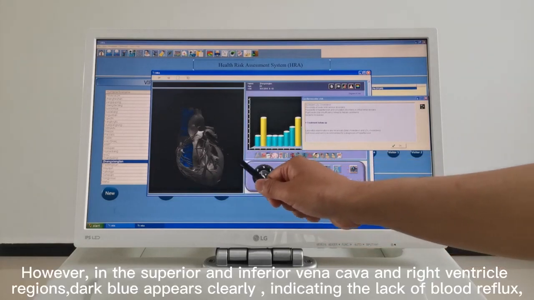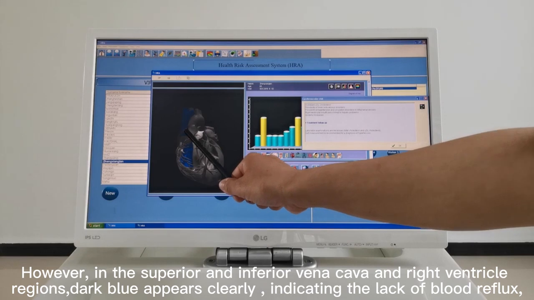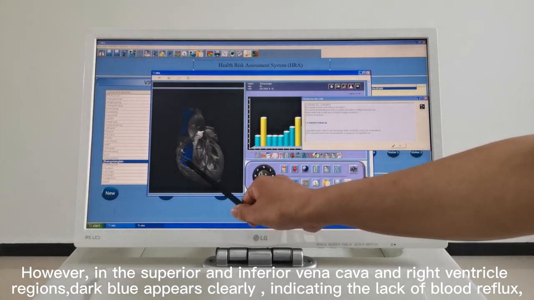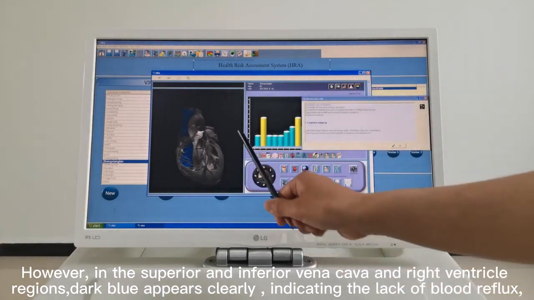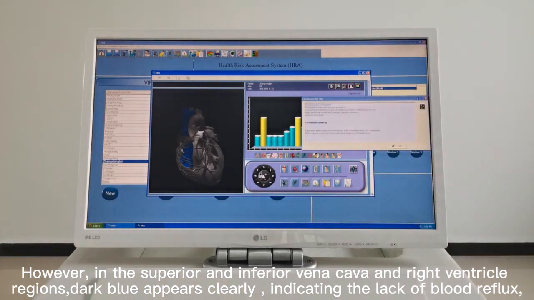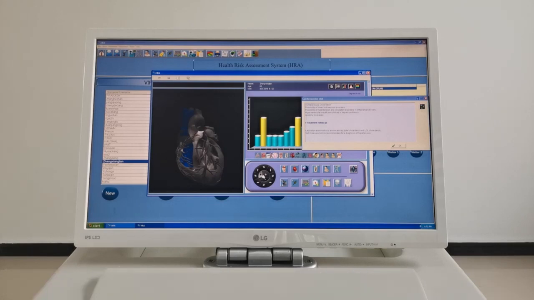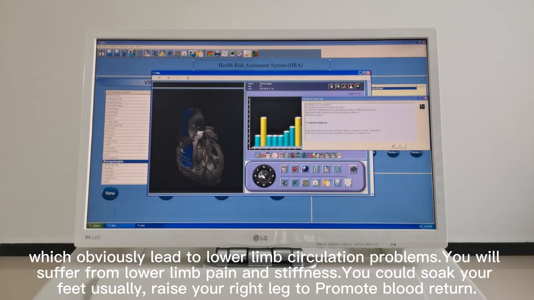However, in the superior and inferior vena cava and the right ventricle region, dark blue appears clearly, indicating the lack of blood reflux, which obviously leads to lower limb circulation problems. You will suffer from lower limb pain and stiffness, and I suggest you soak your feet yearly and raise your leg to promote blood return.